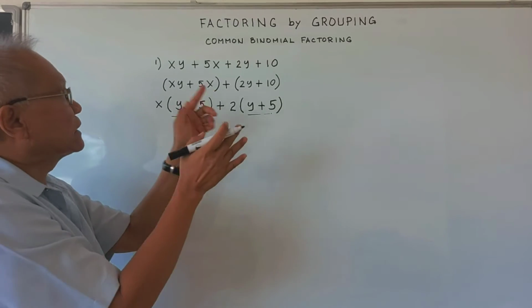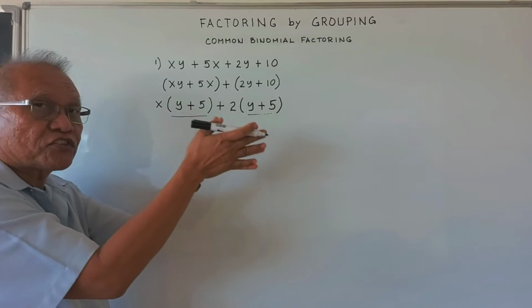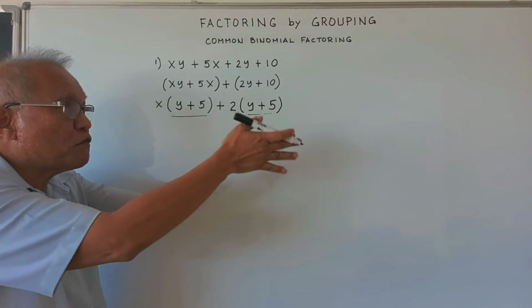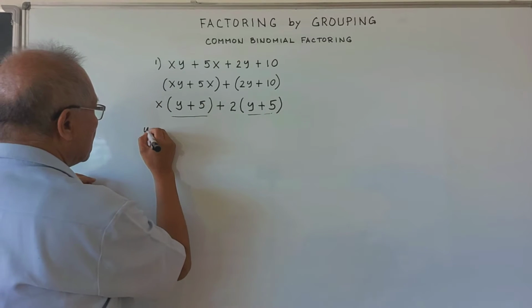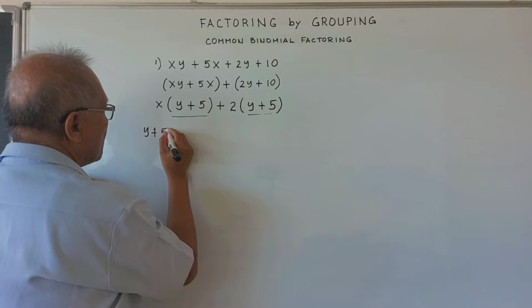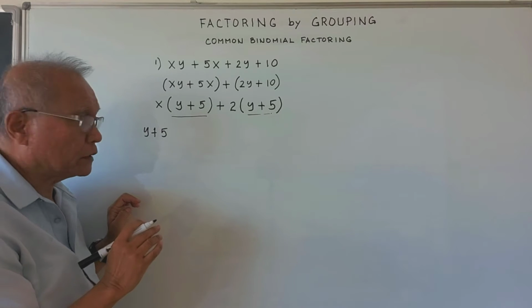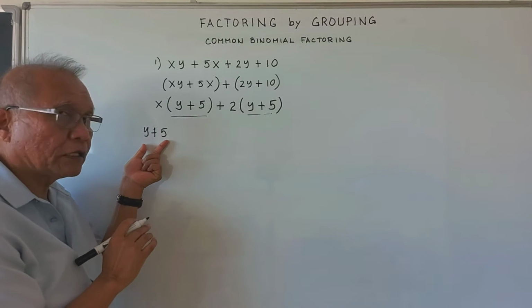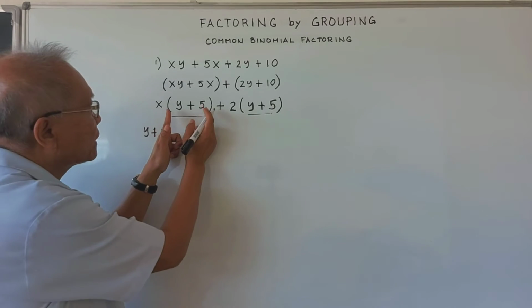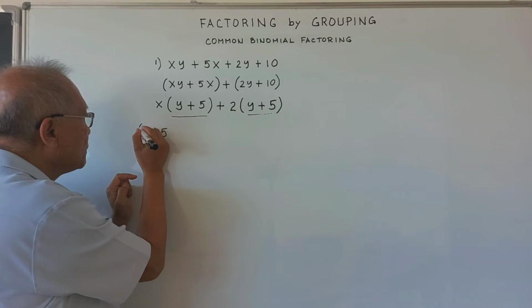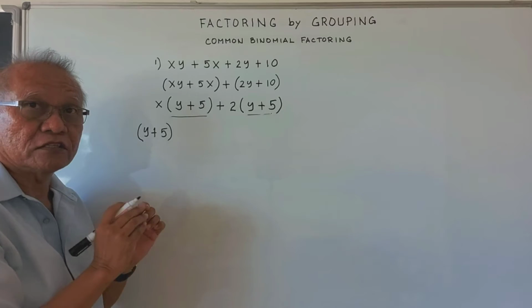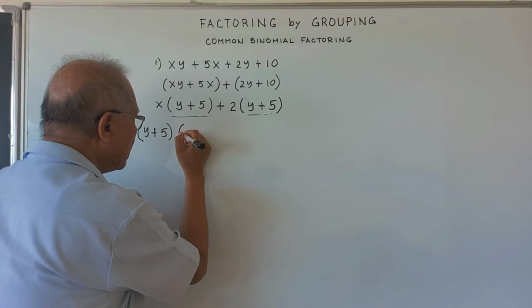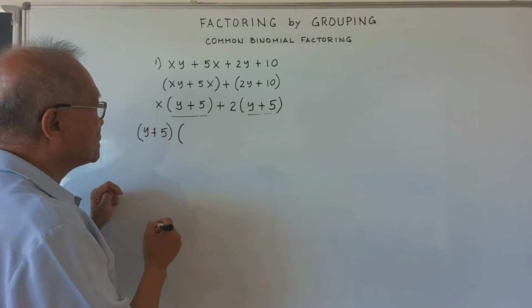So just like in common monomial, we extract it, we remove it. So we will remove y plus 5 here. But when we remove it, we don't just leave it without parentheses. We will put parentheses here also.